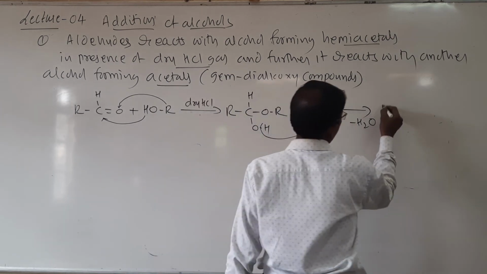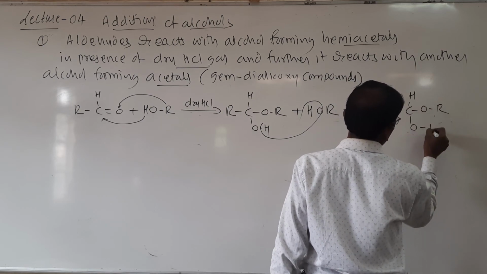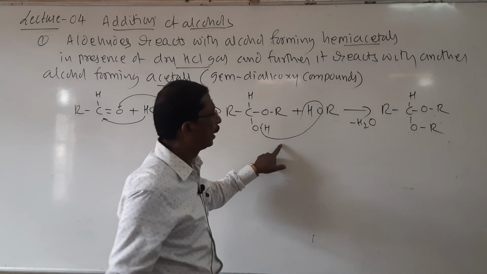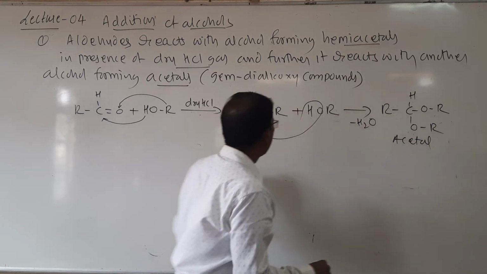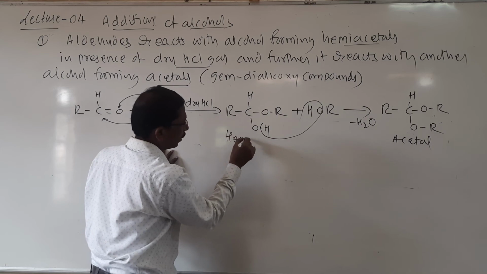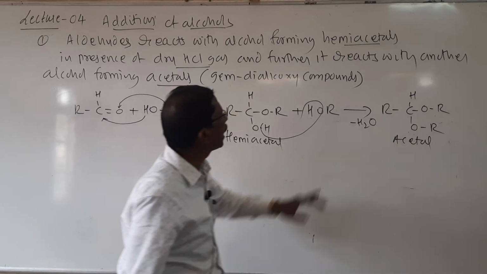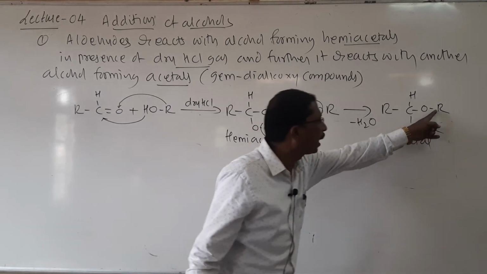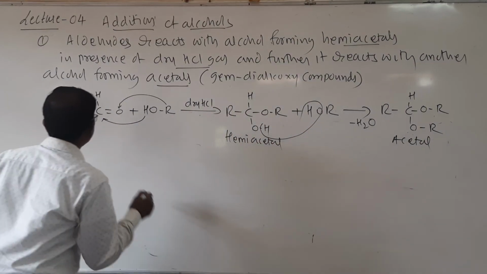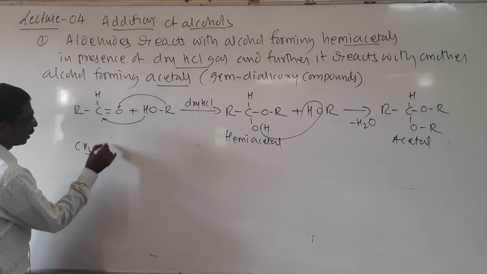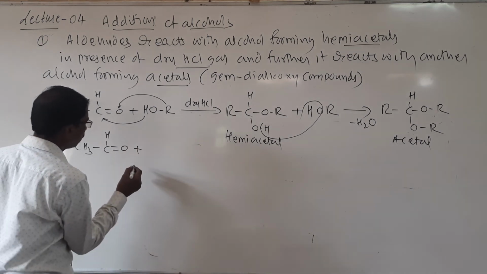And then it forms RCH, OR, and OR. So here it is called acetal, and this one is called hemiacetal. It is also called geminal dialkoxy compounds, RO dialkoxy compound. You may take an example here, CH3 CH double bond O plus ethyl alcohol or methyl alcohol.